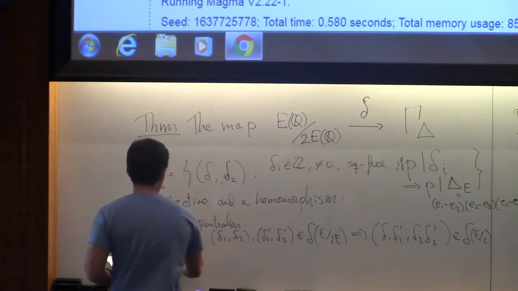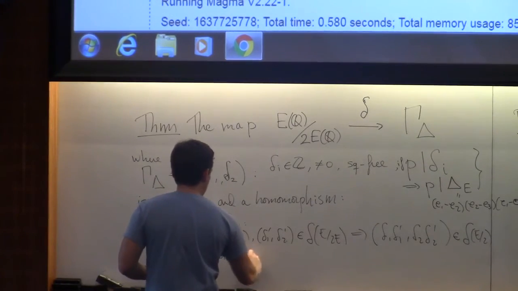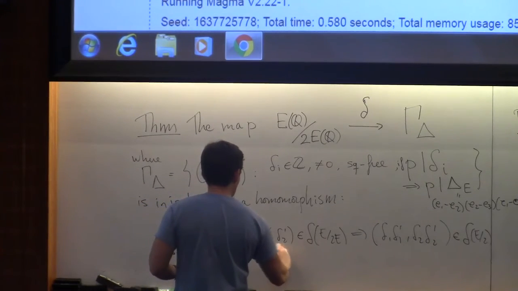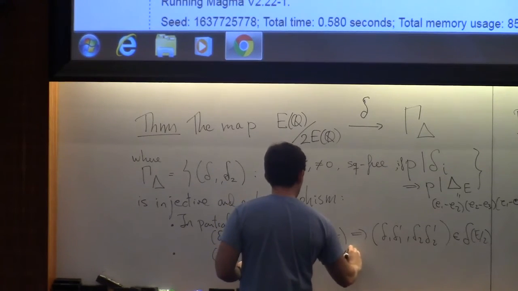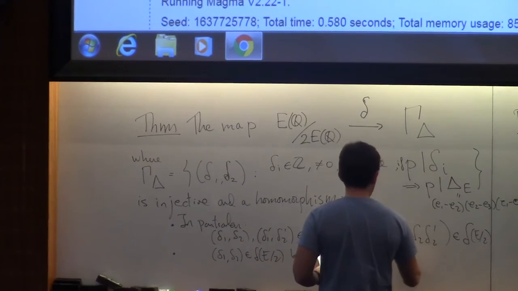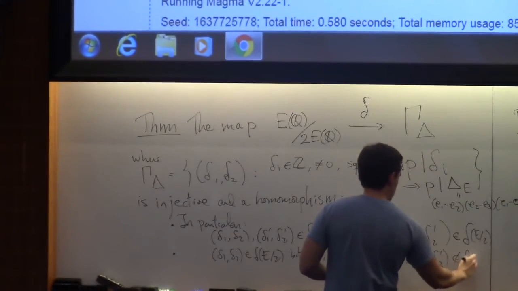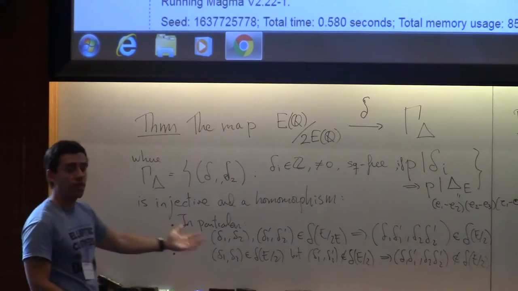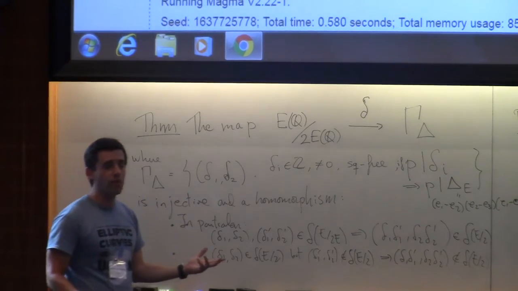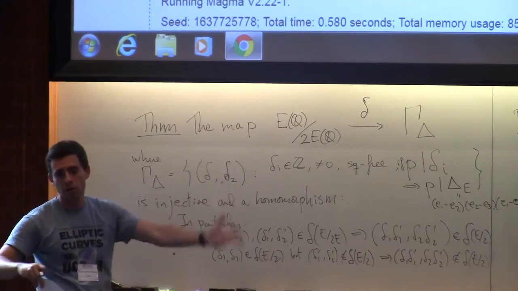And if delta 1, delta 2 is in the image, but delta 1 prime, delta 2 prime is not in the image, then their product is not in the image. So I will exploit that: as soon as we find something that is in the image, and we find another thing that is in the image, you can do the products and find other things that are in the image.